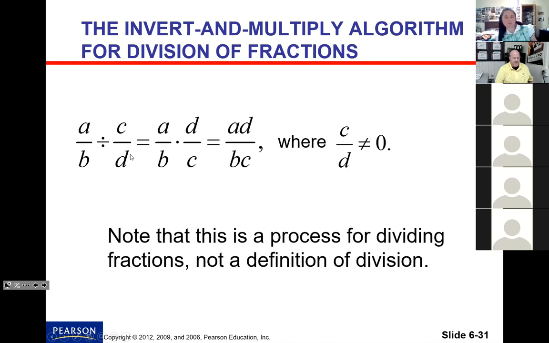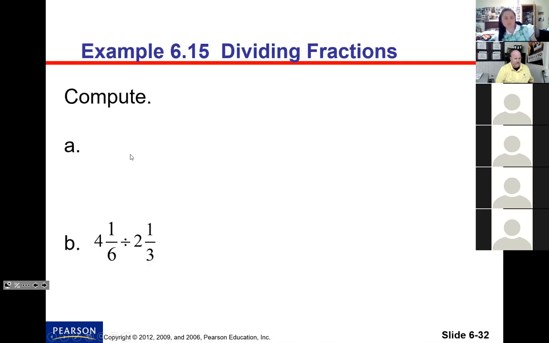Okay, so let's do an example here. Where'd the first one go? There's the first one. 3 over 4 divided by 1 over 8. So it's a division question. I need to turn it into a multiplication question. So which one am I going to do the reciprocal of? The first one or the second one? Second one.